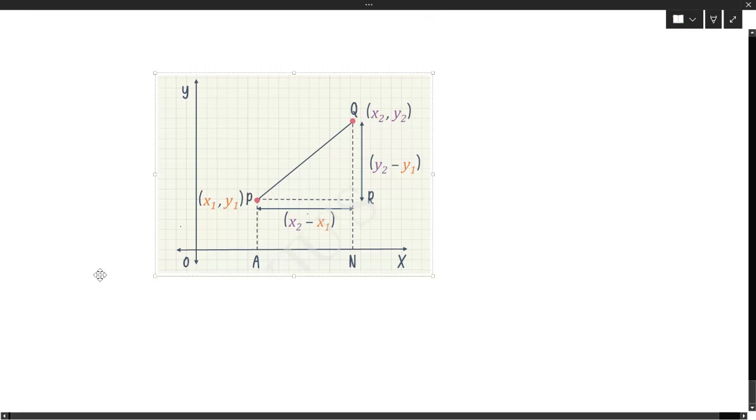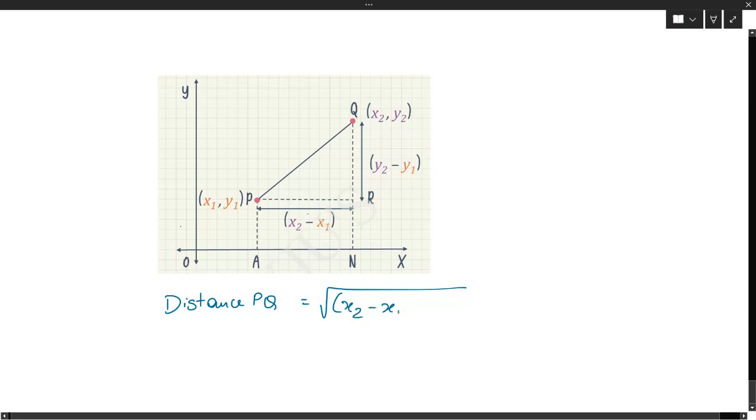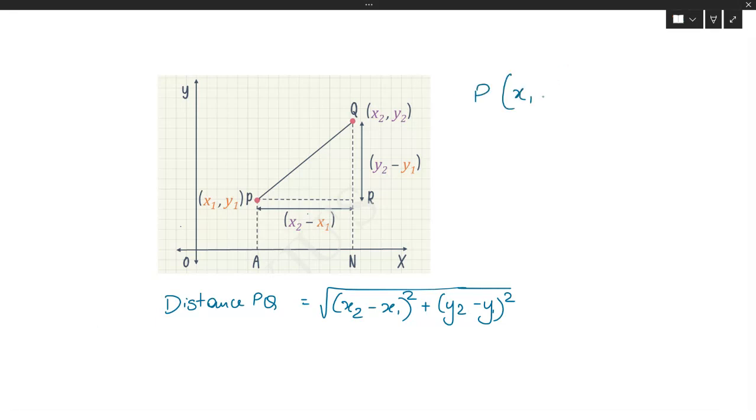The distance formula says that to find the distance between the two points PQ, we have to take the root of (x2 minus x1) whole square plus (y2 minus y1) the whole square, where for P we have x1, y1, and for Q we have x2, y2.